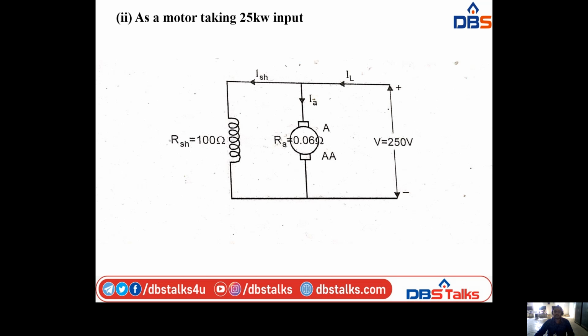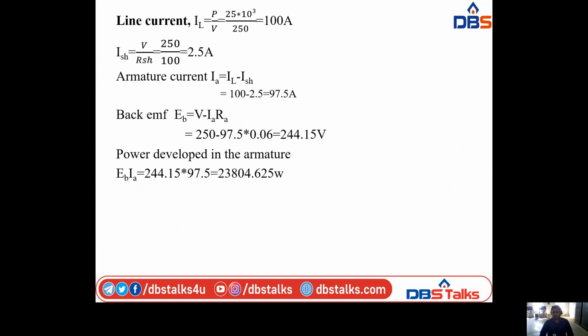And next, coming to the second one, as a motor taking 25 kilowatts input. By using this, we have to calculate the power developed in the armature. Here also I am taking the shunt field resistance parallel to the DC motor. In the previous case I took the DC generator parallel to the shunt field winding, and here the DC motor is taken parallel to the shunt field winding. Same repeat.